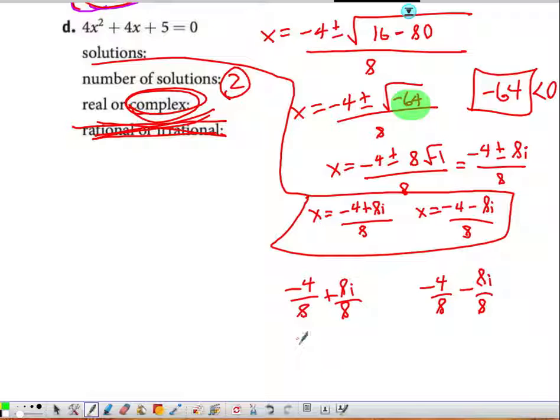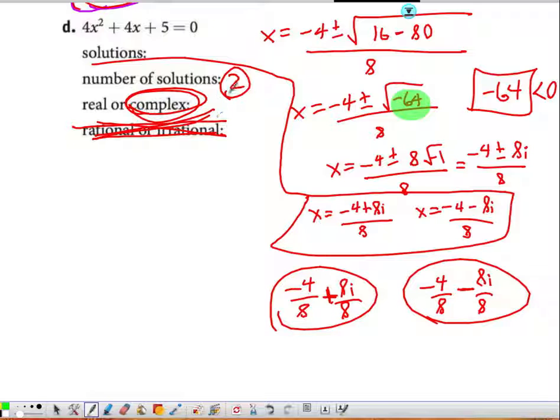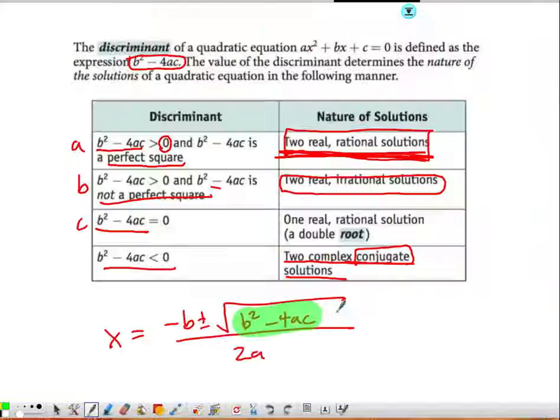Conjugates are simply where the imaginary part has the opposite sign. So here's the real part. The real part stays the same, but the imaginary part, the sign changes. And as you can see, we go from positive to negative. And yes, these are conjugates of each other. So two complex conjugate solutions. So the table is very consistent.